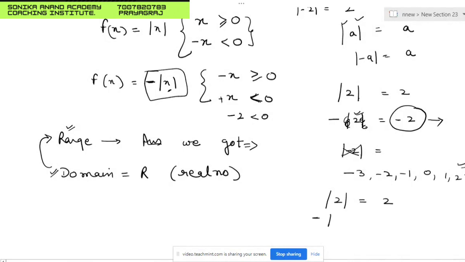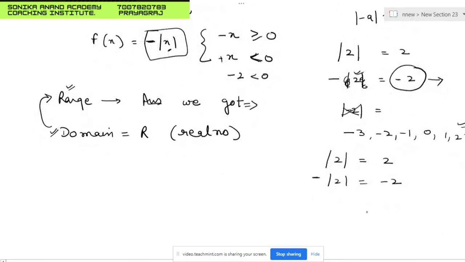Now here it is minus, so its answer is minus 2. Clear, Ritika? If I put minus 2, then again its answer is 2, but we have the minus sign outside, so its answer again becomes negative. So each and every time we get negative values in the answers.